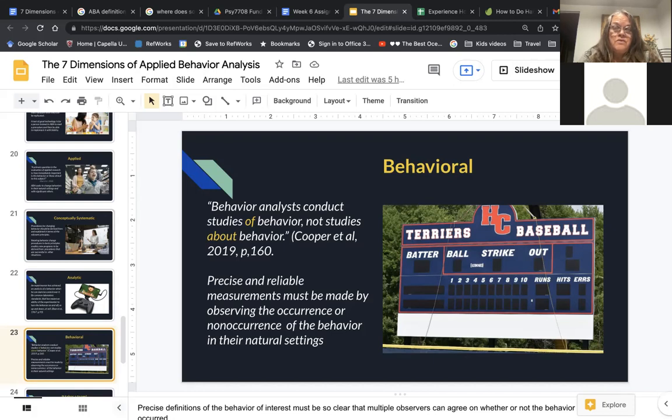So in applied behavior analysis, we need definitions that clearly define what is happening and what it is that we are counting. Okay, he ran all the way around all the bases, but did he touch home plate? No, so we cannot count that. So we need to know in other types of behavior whether or not we can count what just happened.